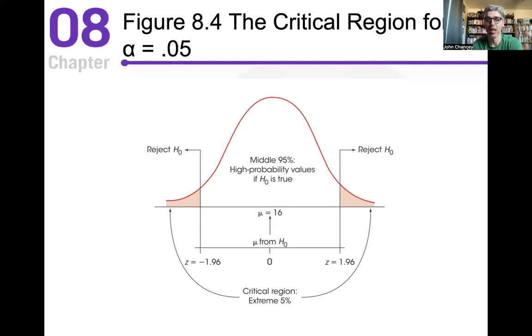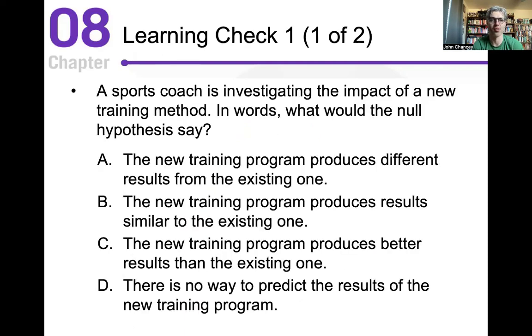If we run our z-score test, which we're going to look at later, and that value is higher than 1.96, we reject the null hypothesis. If it comes up between negative 1.96 and positive 1.96, then we retain the null hypothesis, or we fail to reject in this case.